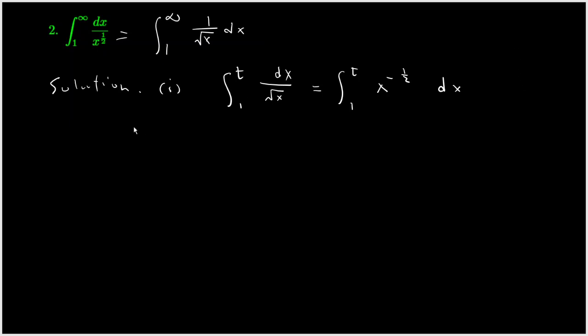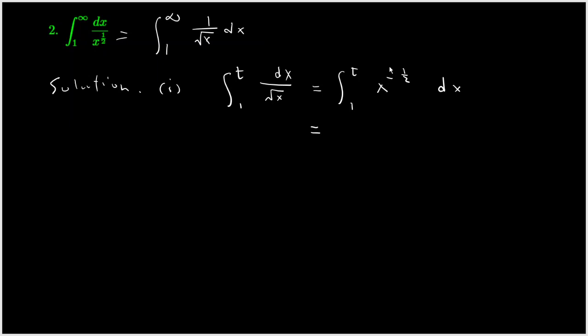Again, the answer to the first step is going to be a function of t. Now the antiderivative. We use the power rule.